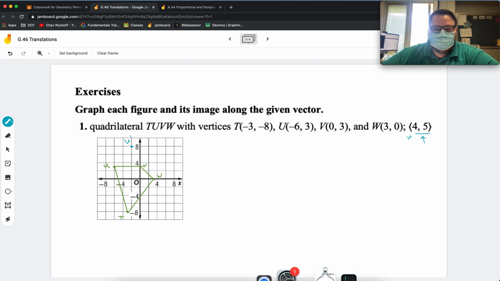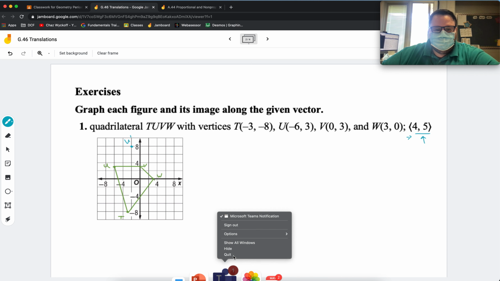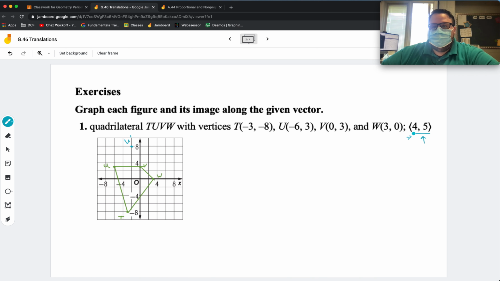I'm going to do the same thing for V now. Right 4, up 5: 1, 2, 3, 4, 5. And that is V prime.